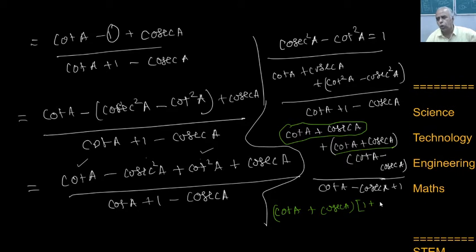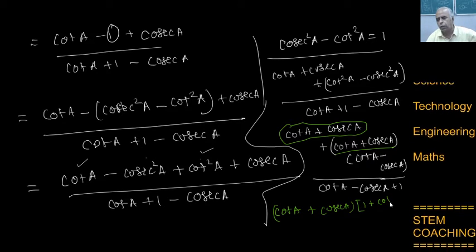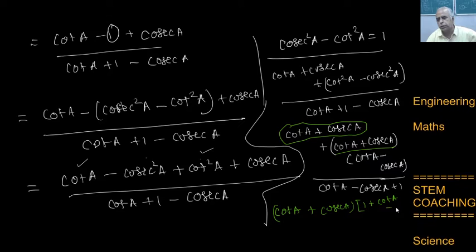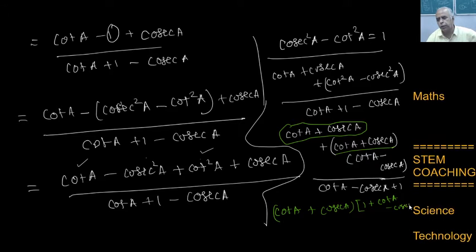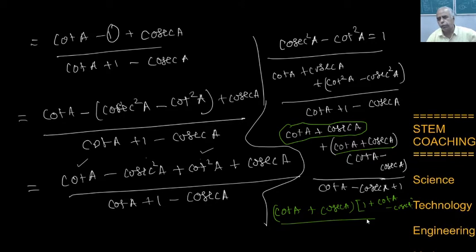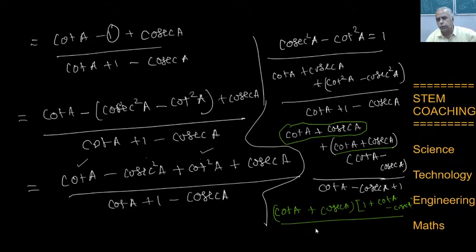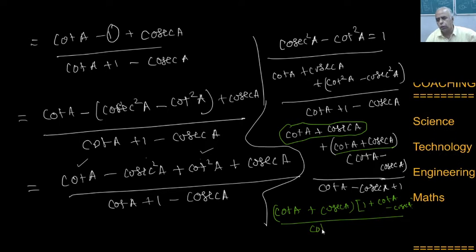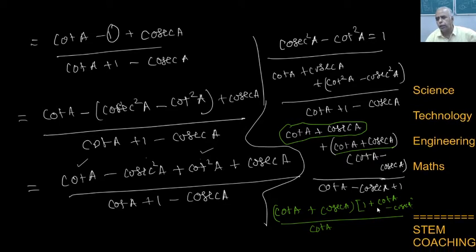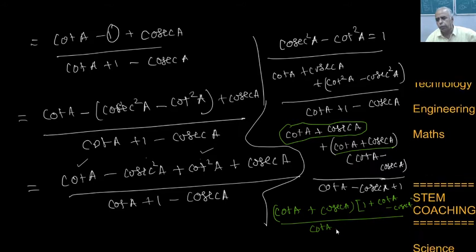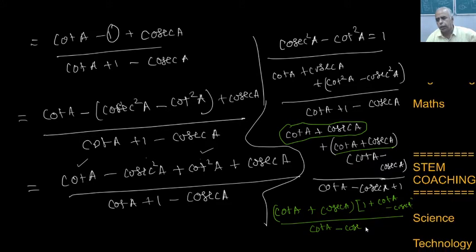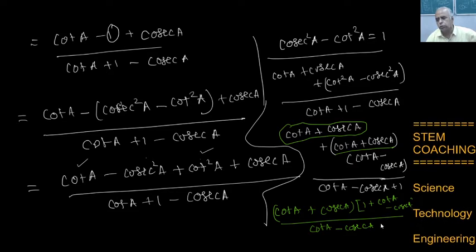you have cot A minus cosecant A whole divided by, what is that? That is cot A, and you have minus cosecant A plus 1.